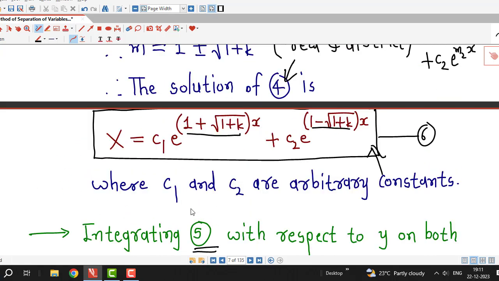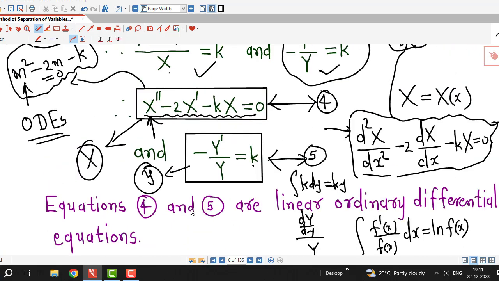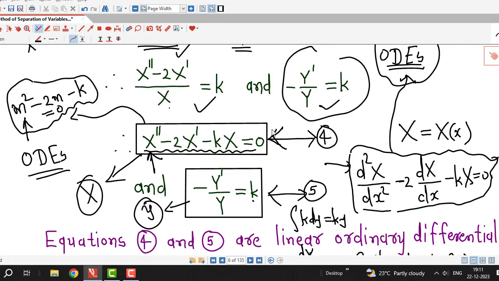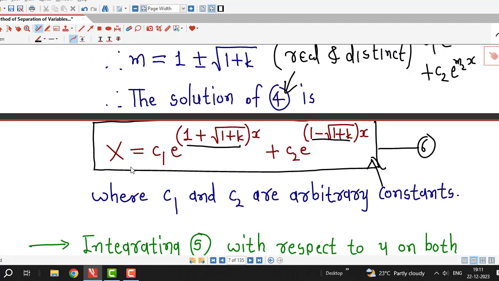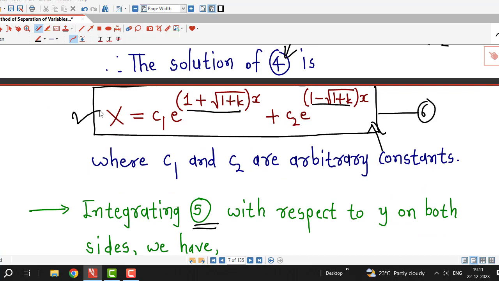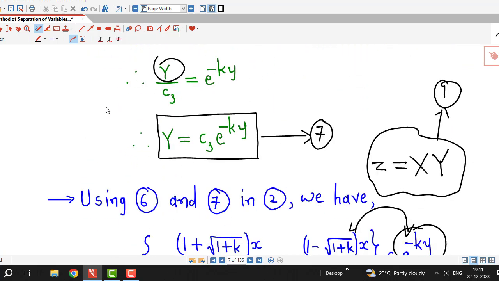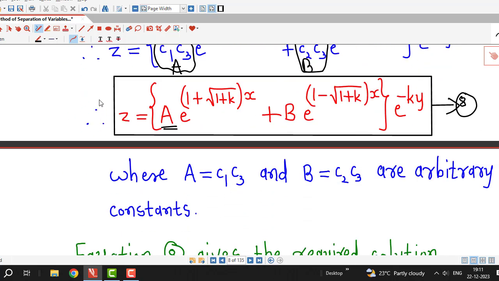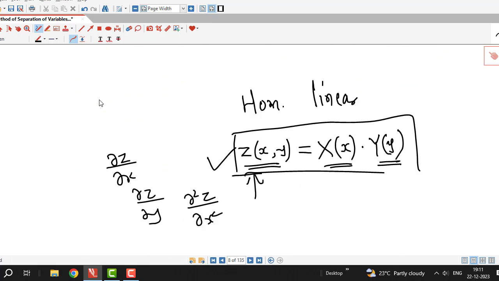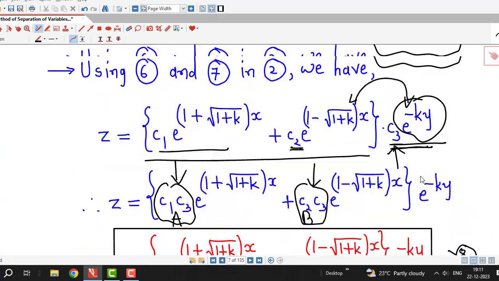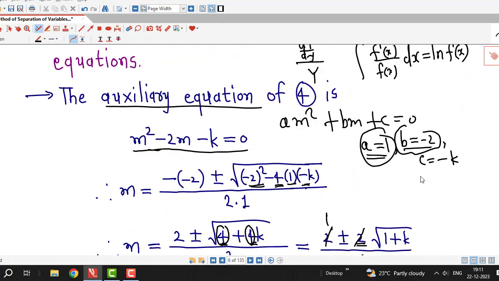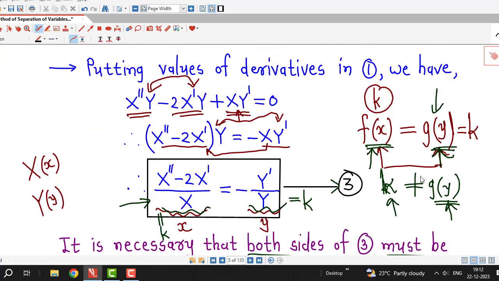After simplifying we find two ordinary differential equations in capital X and in capital Y. Using the methods of solving ordinary differential equations, we are able to decide the values of capital X and capital Y, and finally our solution is the product of these two functions, capital X and capital Y. So these steps are going to remain common for every problem of this method.